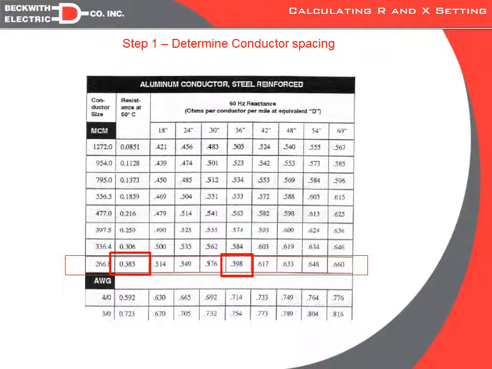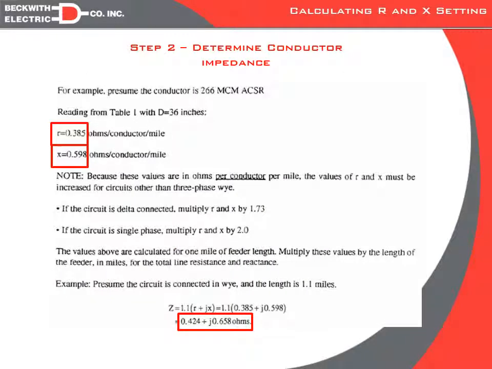Once we have the impedance per mile, then we have to calculate from that what the total impedance is by the length of the circuit. So again, these impedances are in ohms per conductor mile, and it's also assumed it's for 3-phase.